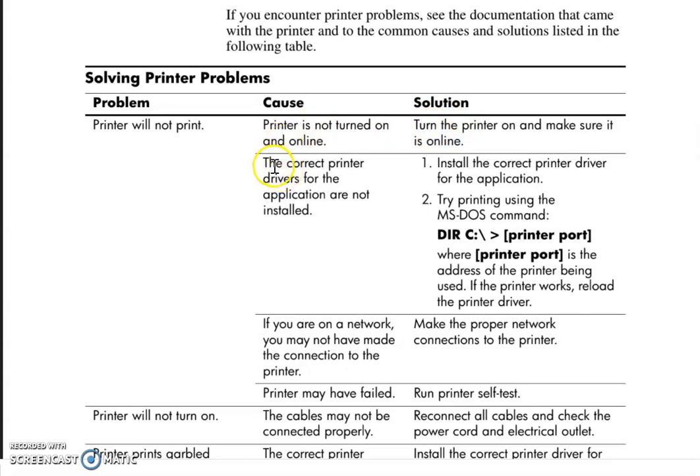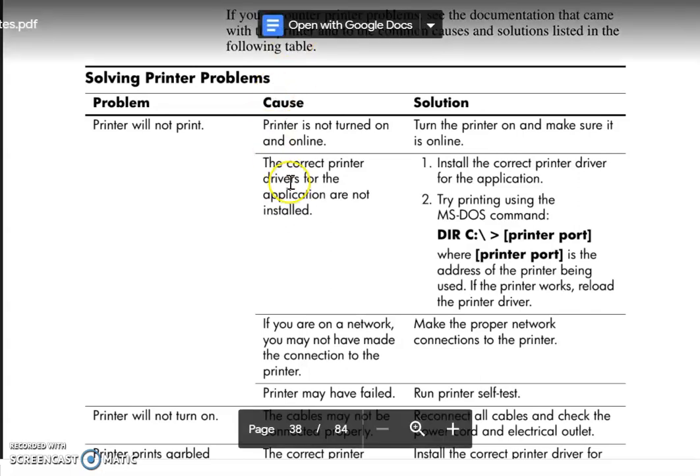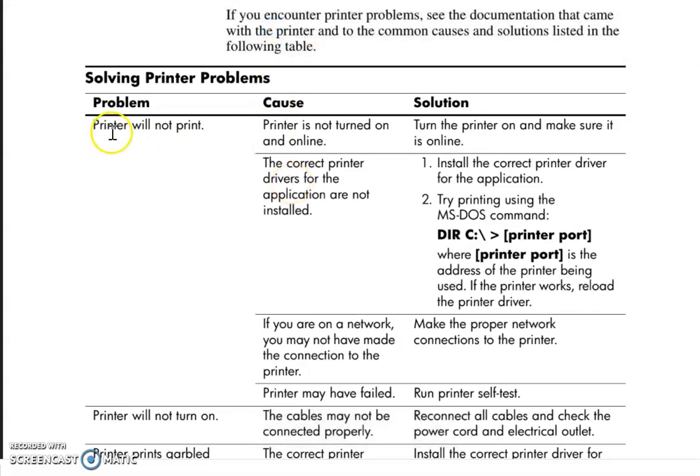Suppose the printer is turned on, it is even on the network, and still it is giving an error. What can be the cause? The second possibility is that the printer drivers that have been installed are not the correct printer drivers. For example, you have a Canon printer, and you are installing the driver of another brand, then it will not suit that particular printer.